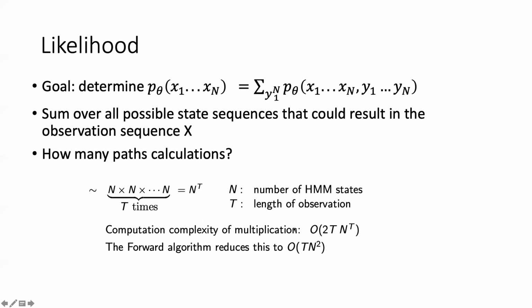By making use of the Markov assumption, we do not have to explicitly compute each possible path, but can do it efficiently. One such algorithm is the forward algorithm, which reduces the computational complexity to the order of t n squared. Let's see what the forward algorithm is.